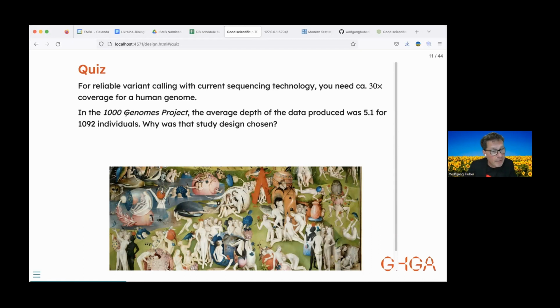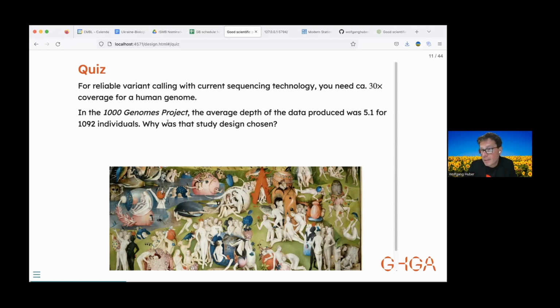In the 1,000 Genomes project, which is a big landmark study that was performed, I think, some 15 years ago, they did sequence 1,000 human genomes at the time, but they only sequenced each to about 5-fold coverage.